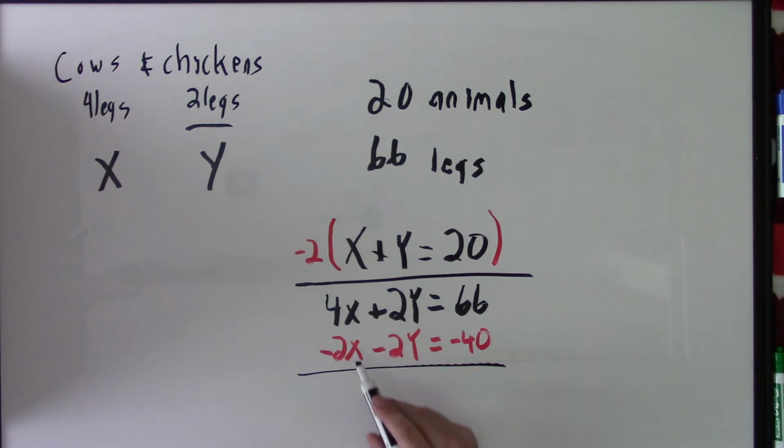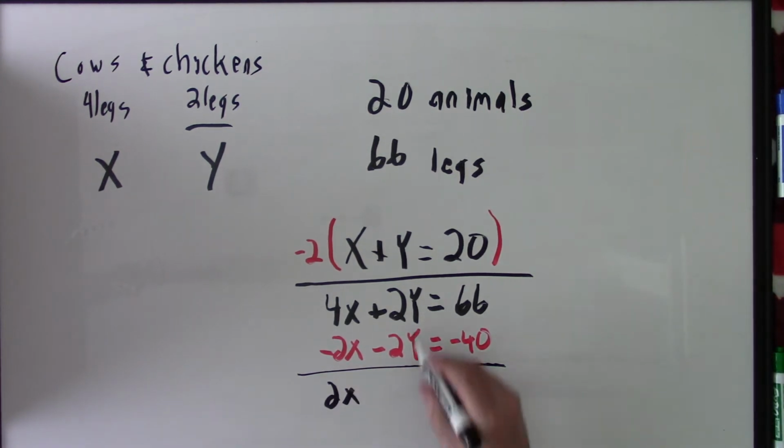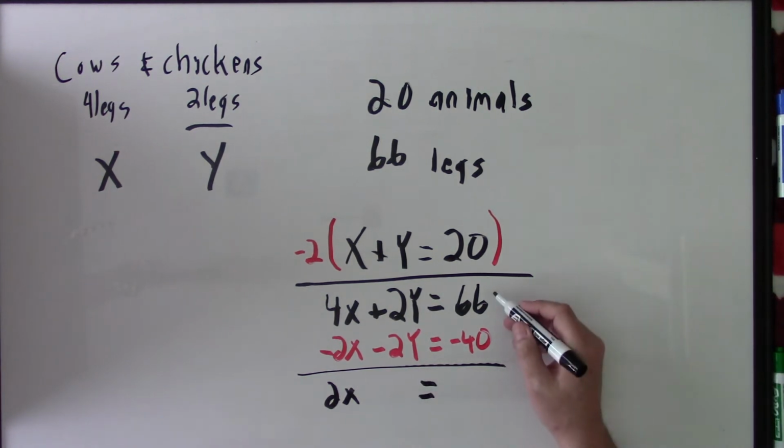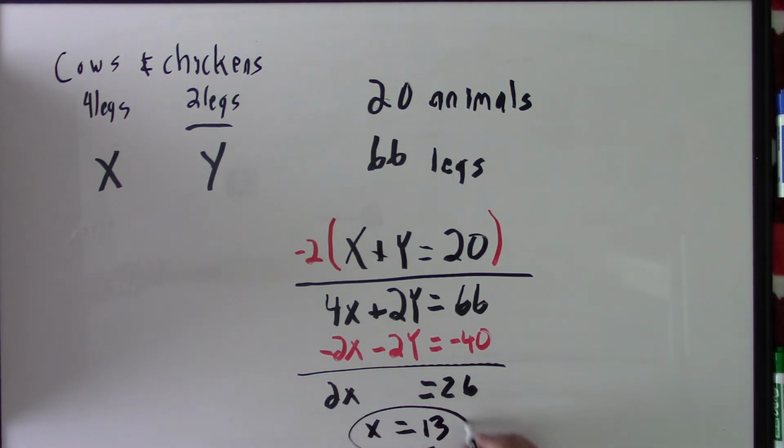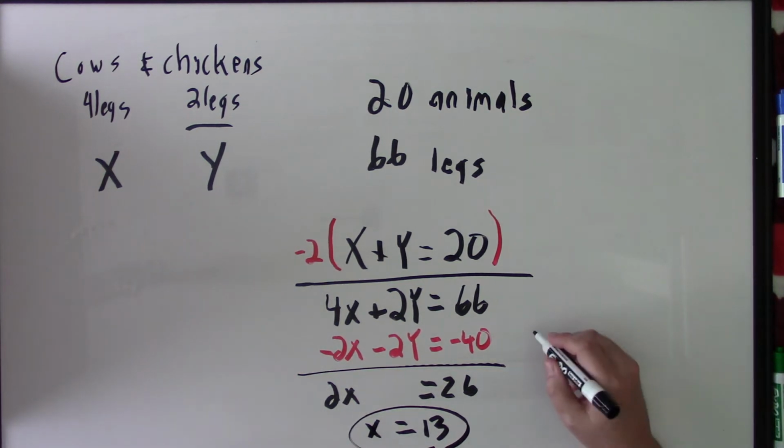So 4x minus 2x is 2x, plus 2y minus 2y is 0y, 66 minus 40 is 26. So then x is equal to 13, because 2x equals 26, divided by 2, x is equal to 13. So there I know there's 13 cows.